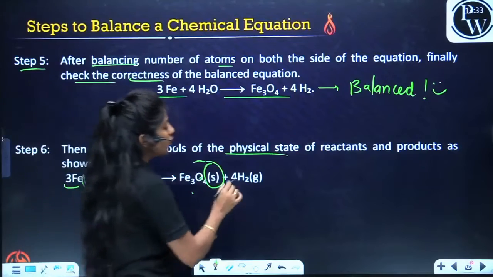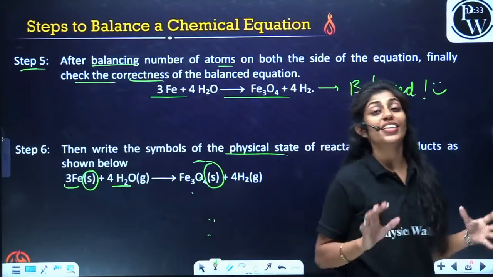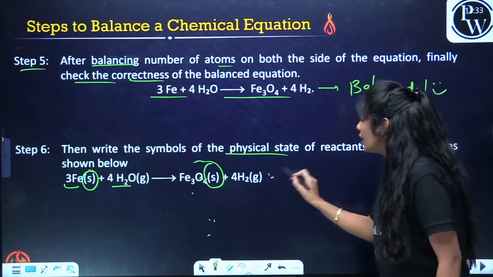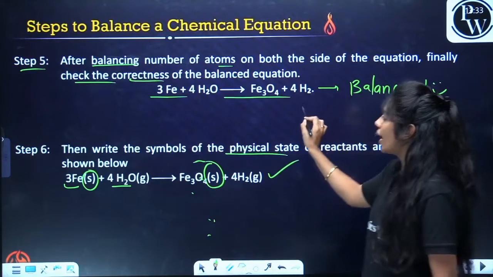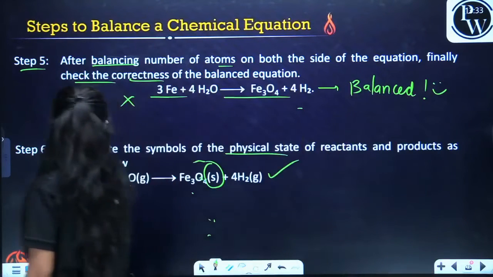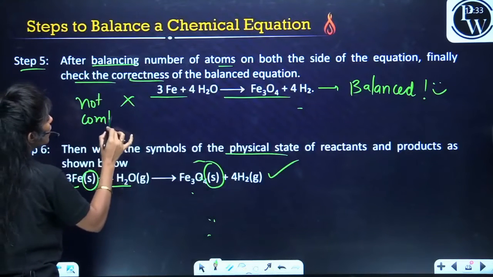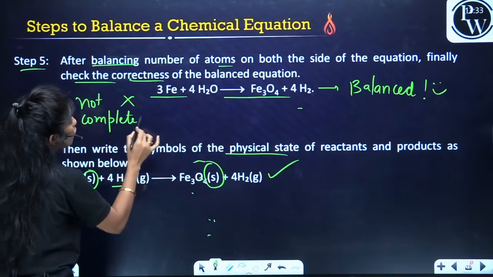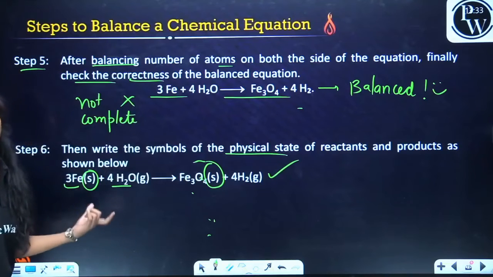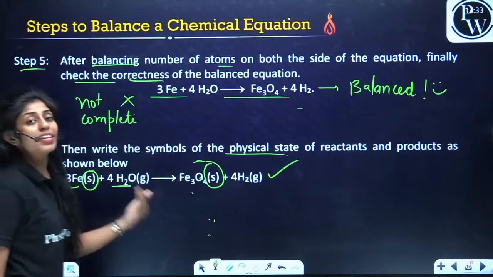Next we have hydrogen, and hydrogen is always in the gaseous state. So this is right. If you write it without these, it is not complete. Why? Because it is not informing you about the physical state of reactants and products while they were reacting.